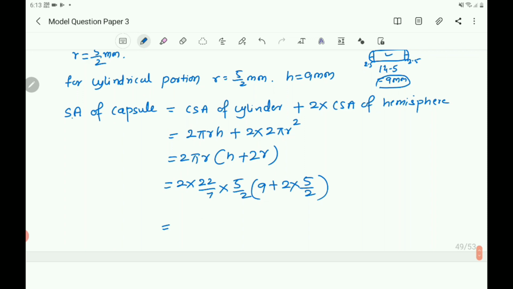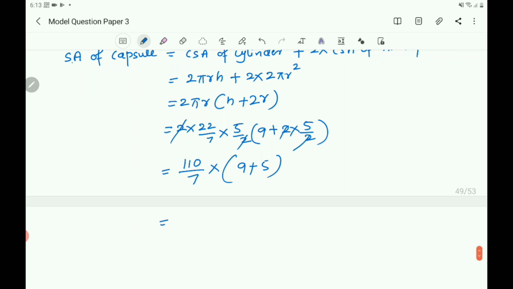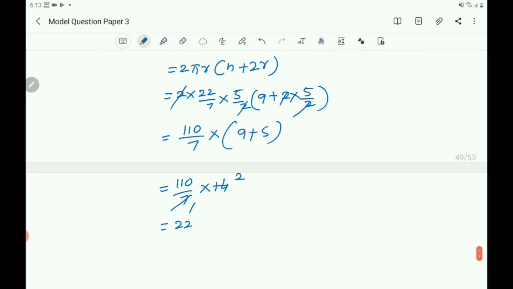That is, 2 cancels, then 22 5s are 110/7 into 9 plus 5, that is 110/7 into 14. 7 1s are 7, 2s are, so you will get 220 square millimeter, that is the CSA of the capsule.